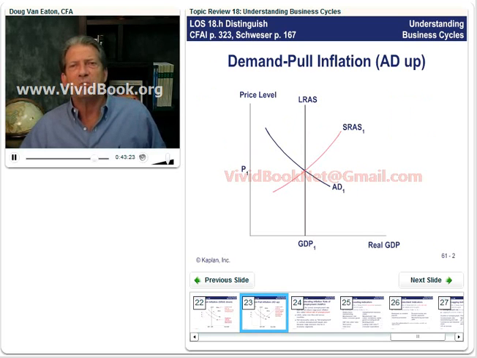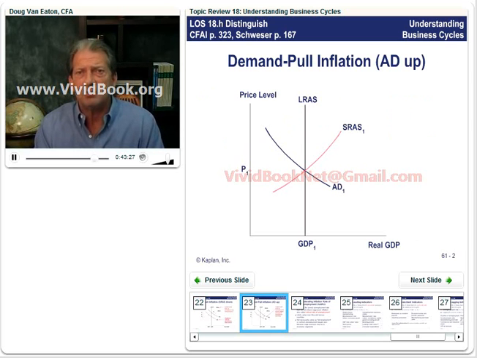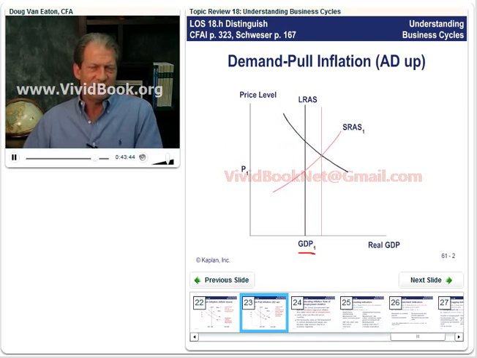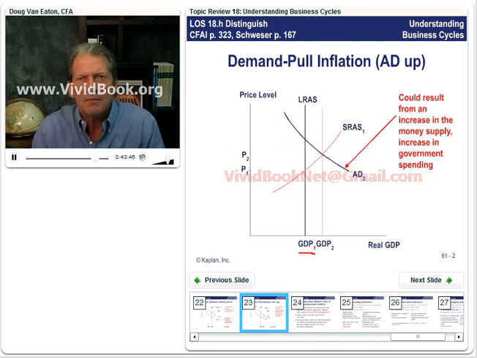Now let's look at demand pull. Here again, we're starting at a situation of full employment equilibrium, right? Our long-run aggregate supply, that's full employment GDP. Cyclical unemployment, 0. And so now with demand pull, we get an inappropriate change in fiscal or monetary policy that shifts aggregate demand out like that.